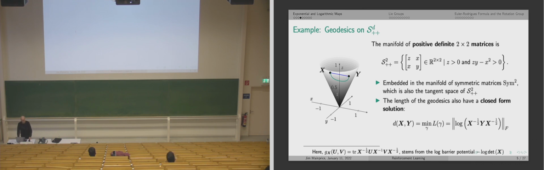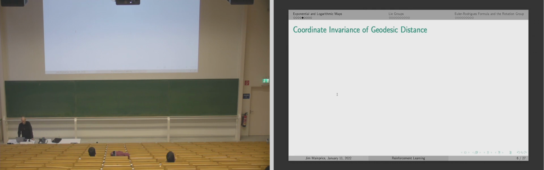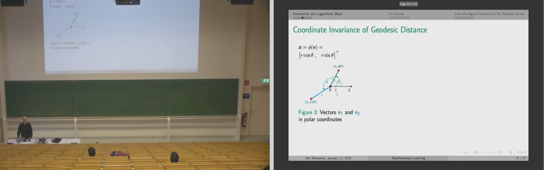One thing to note with Riemannian metrics is that they provide a coordinate invariance for the geodesics. Meaning, if we are just considering the simple example of the two-dimensional Euclidean plane, we have two ways of specifying vectors: through polar coordinates, or through Euclidean coordinates.